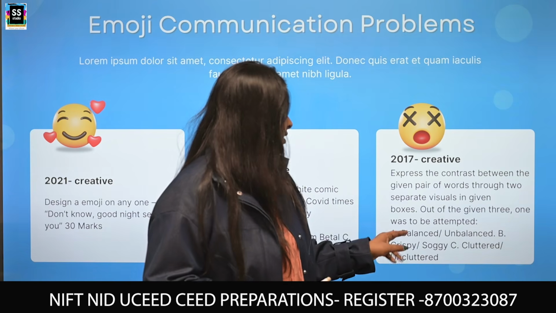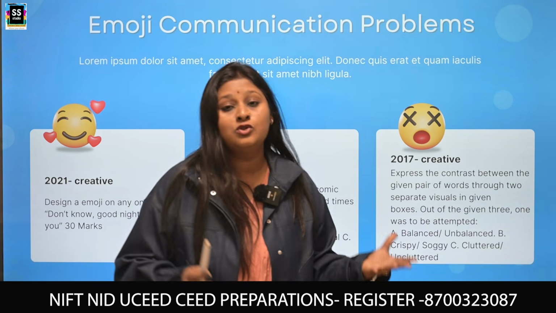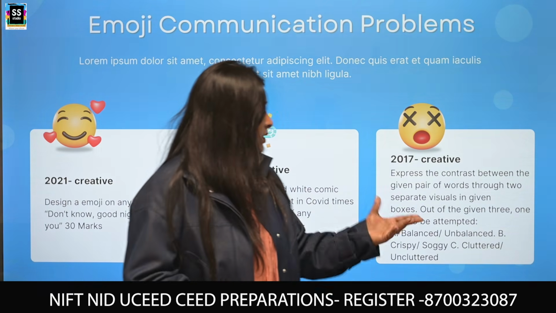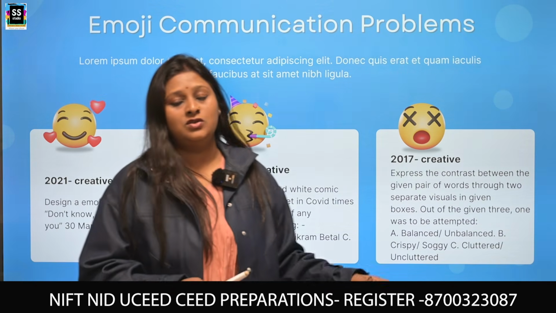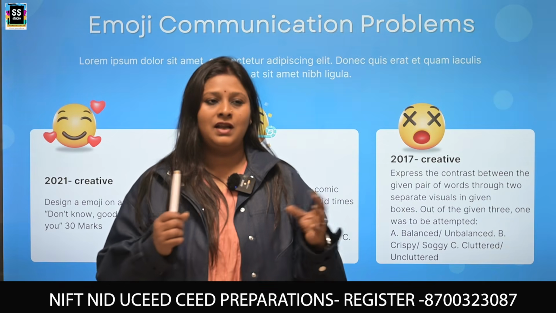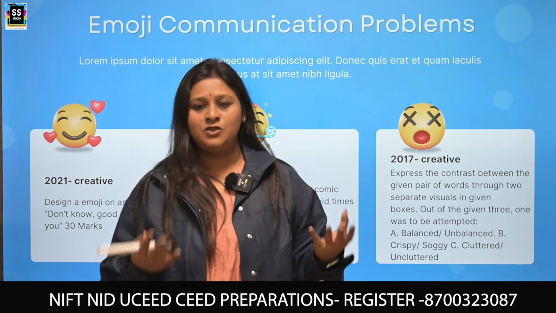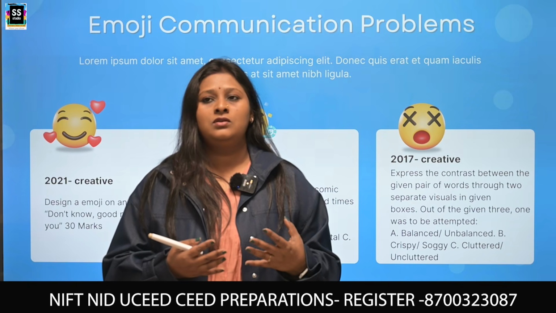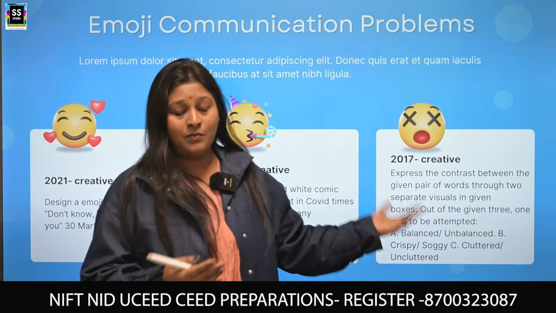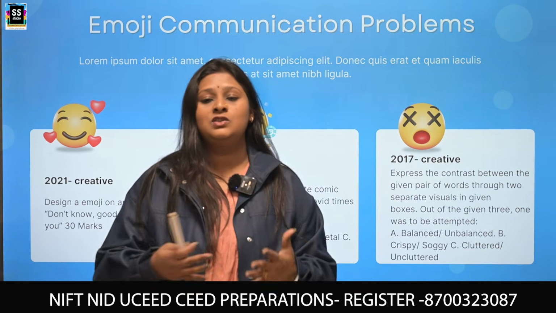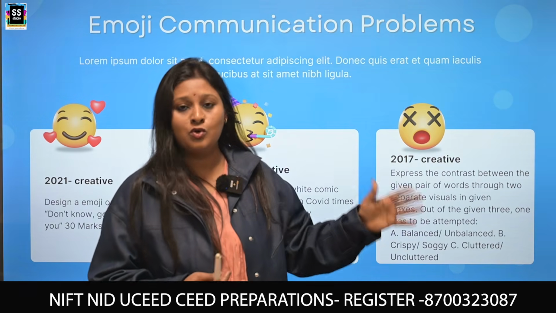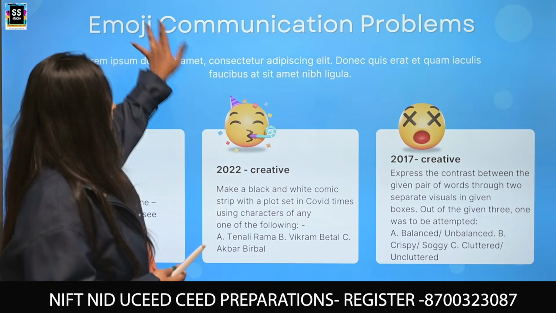Out of the given 3, the options were: balanced and unbalanced, crispy or soggy, or cluttered or uncluttered. In this question the demand of emoji or icon was optional. If you're attempting the PYQs, there are different ways to attempt these types of questions. I'm going to show you some of the solutions for the same also.